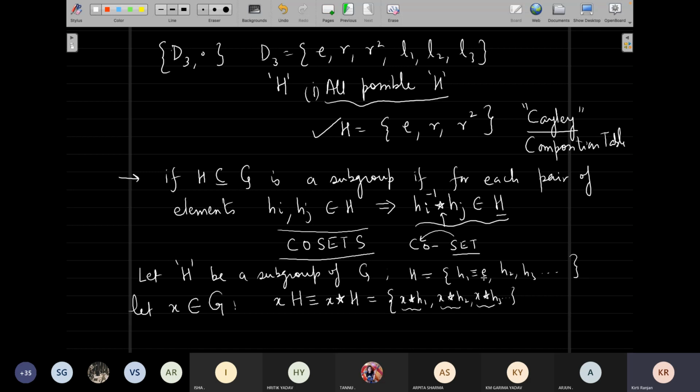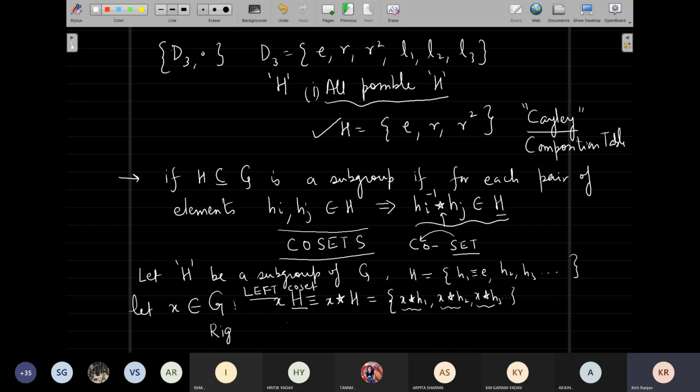If E is H1, then the first one will become X itself, right? Then we call this the left coset. I'm just giving you the definition right now, and we will dissect it later. The left coset of a subgroup H is the product of X with H, for all possible X which belong to G.